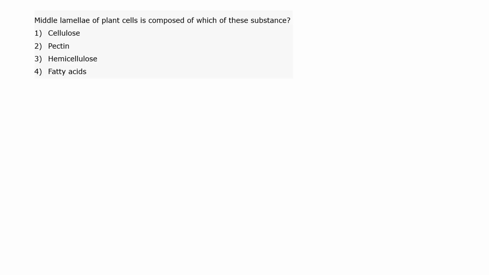There are different types of cell wall layers present: the primary cell wall, the secondary cell wall, as well as the middle lamella. Each of these has different constituents. So in the case of the middle lamella, which of these options is present?